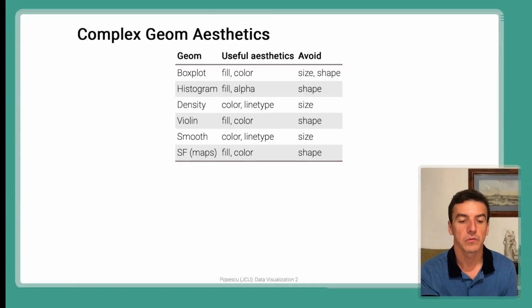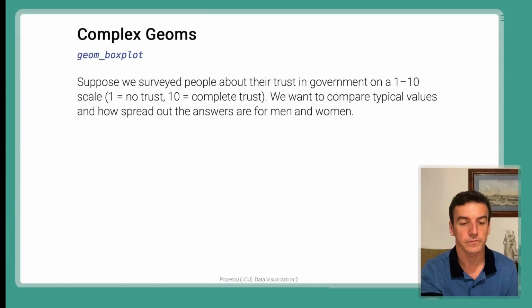For example, for box plot, the useful aesthetics typically are fill and color, and it's advisable to avoid size and shape. Histograms have fill and alpha, and it's obviously advisable to avoid shape. Density has color and line type. Violin has fill and color. Smooth has color and line type. And then SF have fill and color.